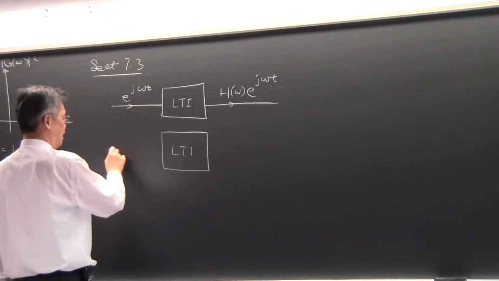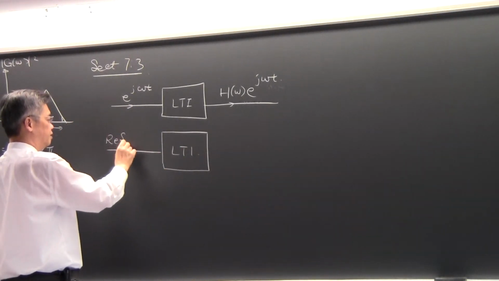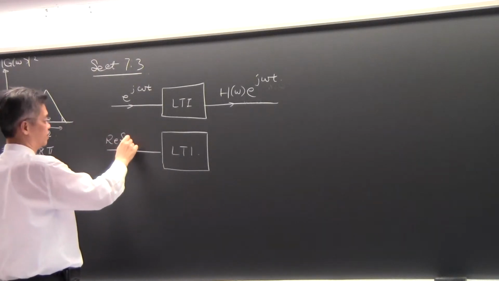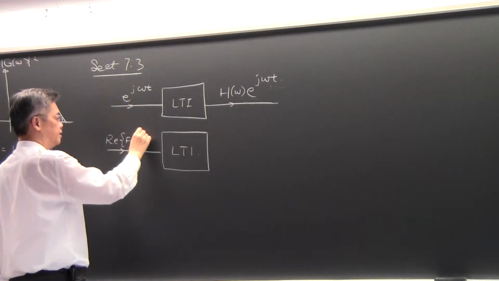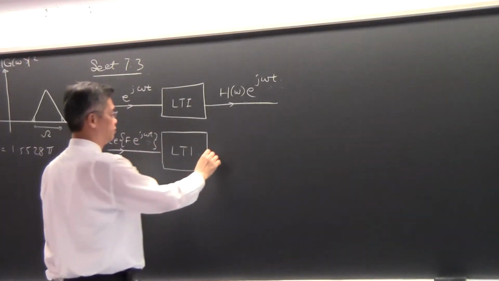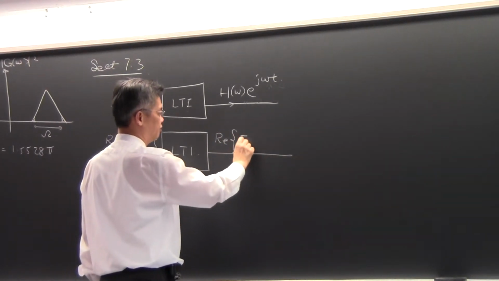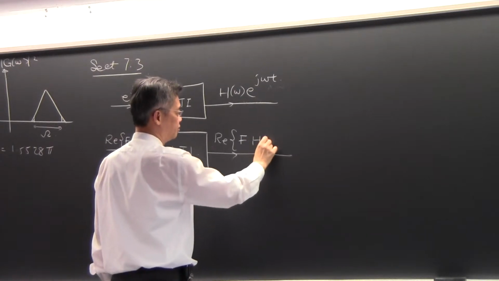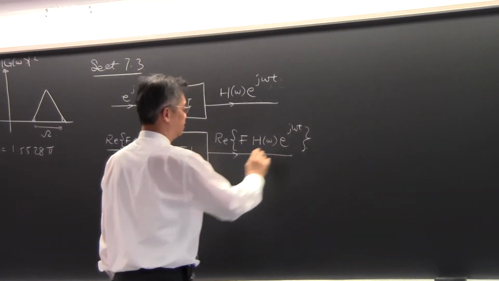If you have a phasor quantity like F e to the j omega t, then the output would be the real part of F times H of omega e to the j omega t.